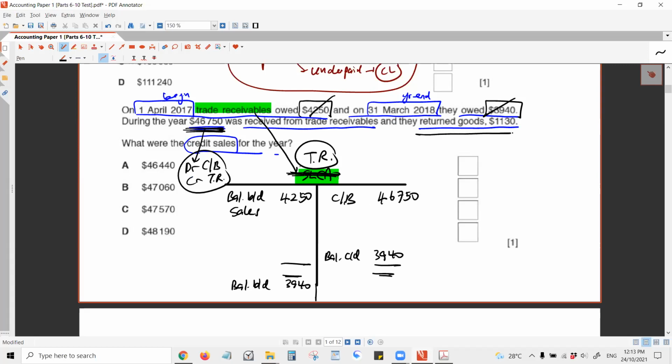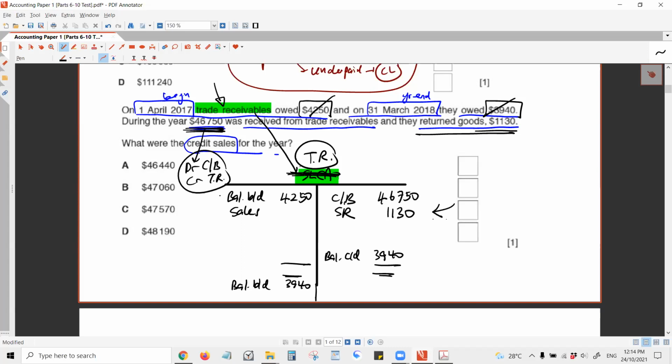Then the returned goods 1130. This is sales returns, 1130. You may have a question, why do I know this is sales returns? Because throughout this question they have been mentioning our customers. That means we are the supplier. So we call the returns sales returns. So sales returns 1130.